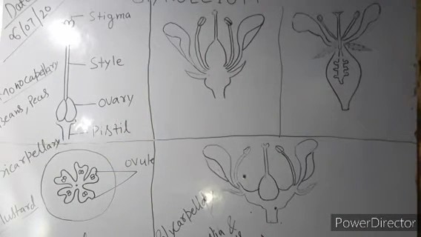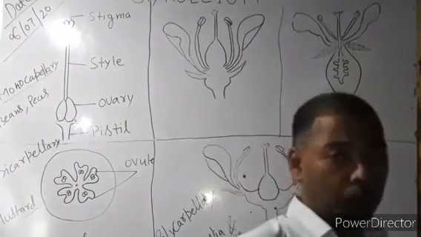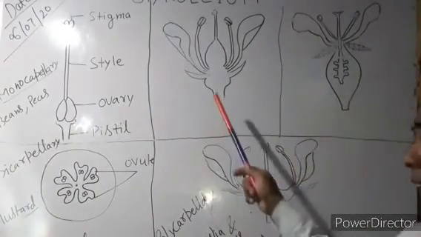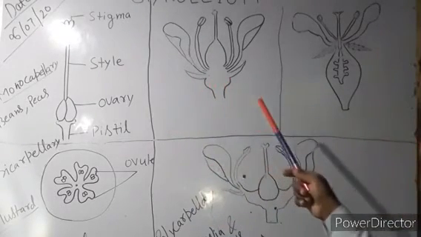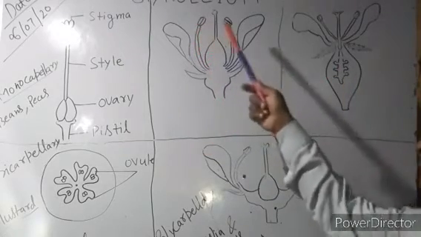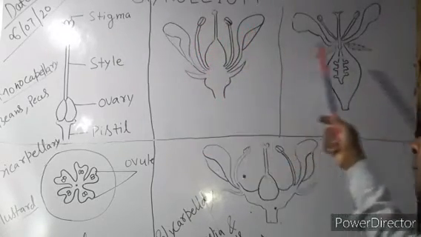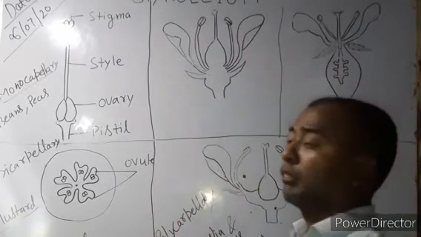As we have discussed in the case of androecium, there were monodelphous, didelphous, polydelphous conditions. In the same way, in the case of gynoecium, there are mainly three conditions, as we discuss one by one.